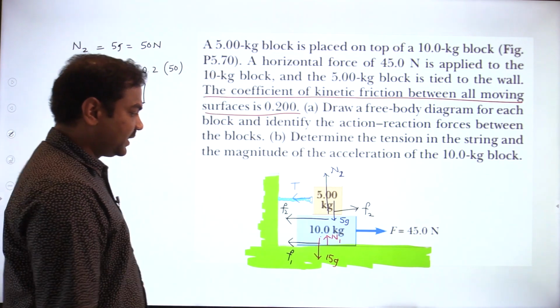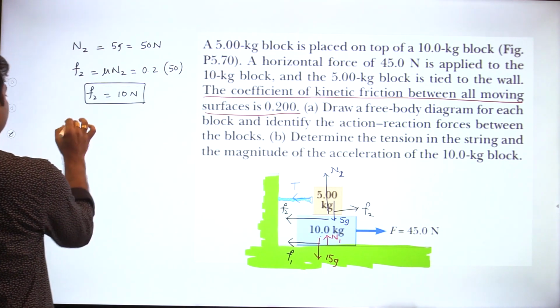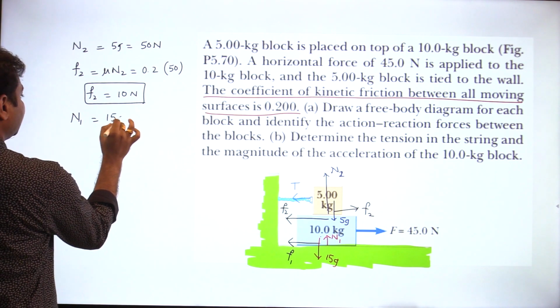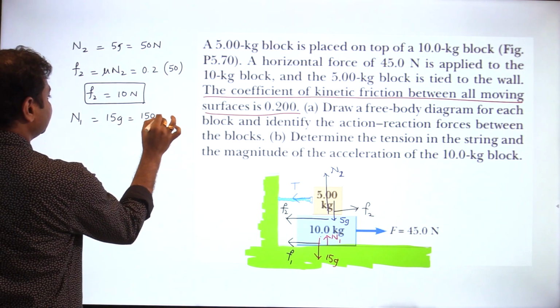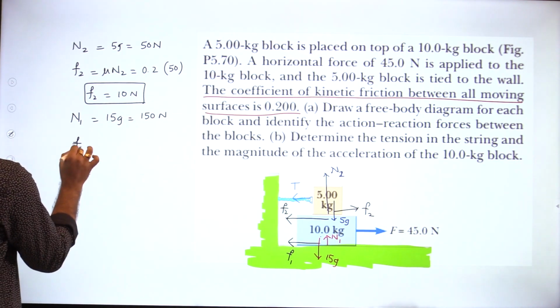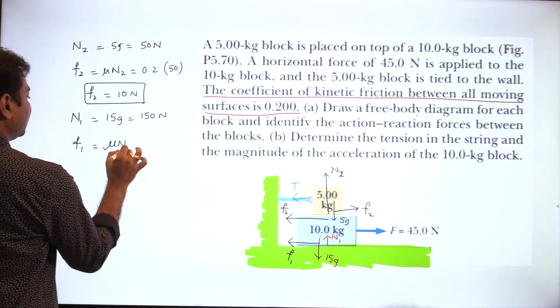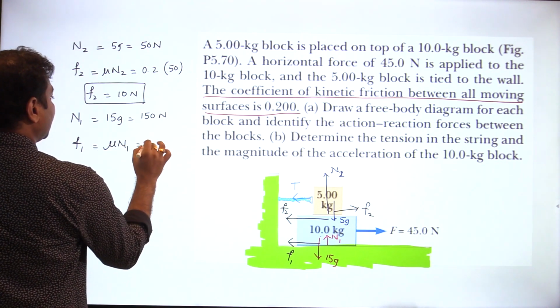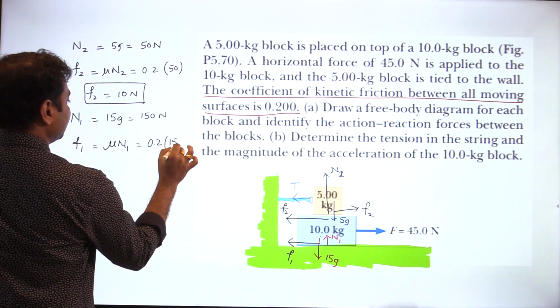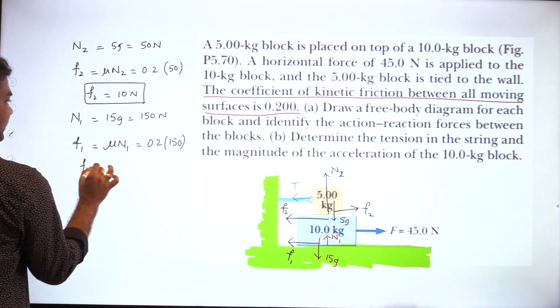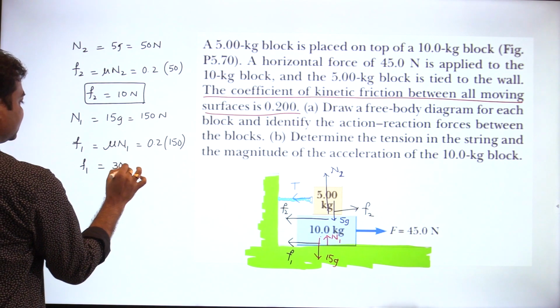So that way it is 15G, so N1 is equal to 15G, I think no need to explain this part, which is 150 Newton. Okay? So then what does the F1 value come to? Mu into N1, which is equal to how much? 0.2 into 150, then F1 is equal to 30 Newton.